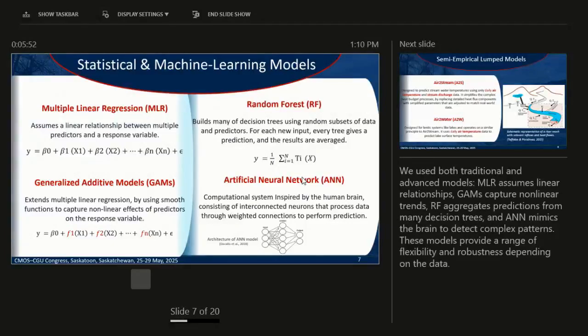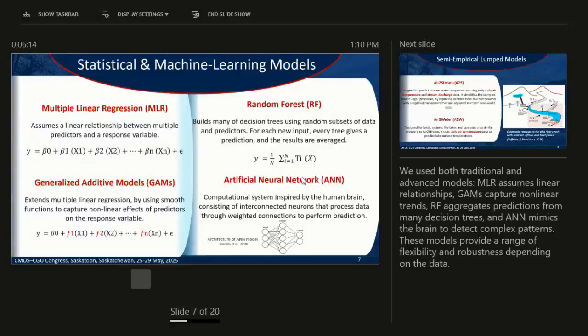And also for the machine learning, we use the random forest, which is a model that makes different trees using a random subset of data and also a random subset of predictors, and each tree makes a different prediction. At the end, it averages the predictions of all of these trees to make the final prediction.